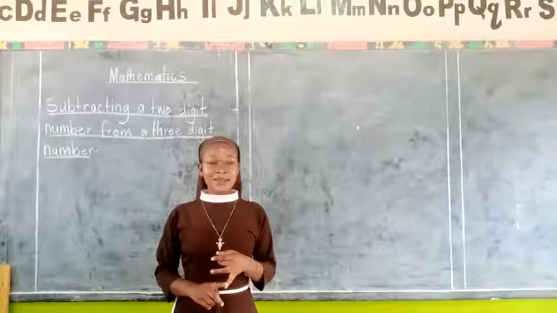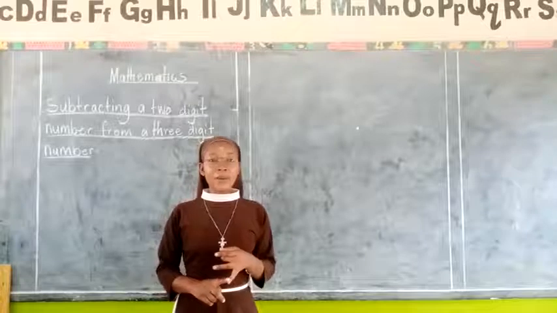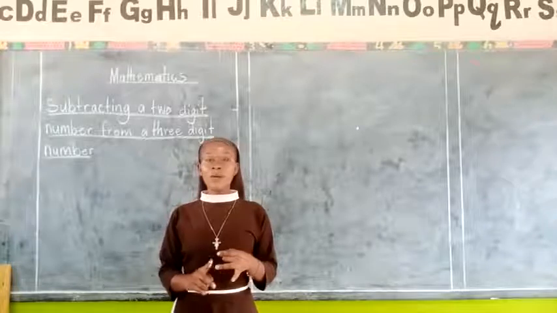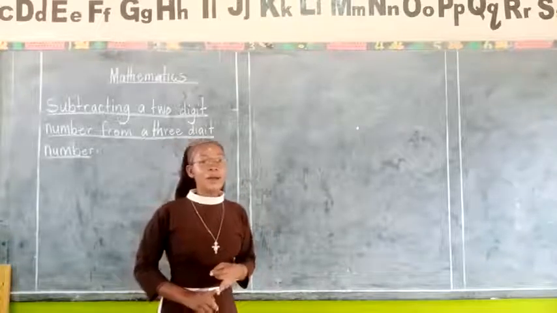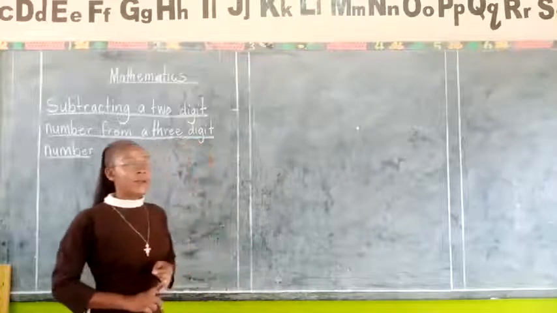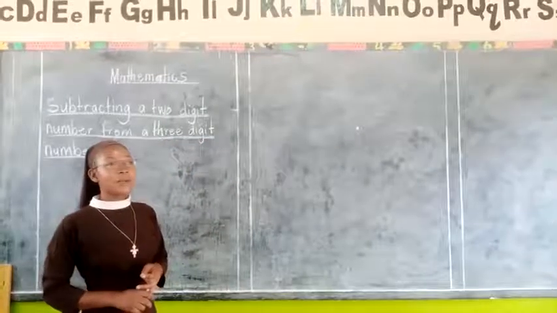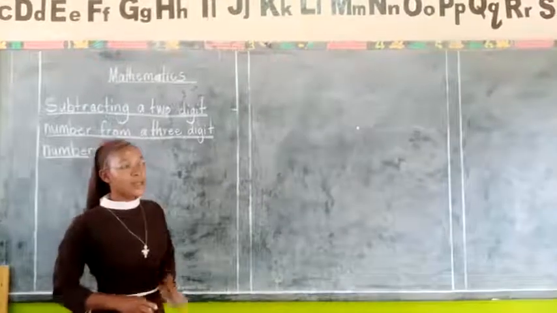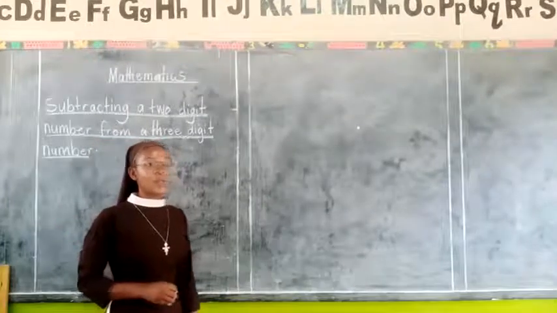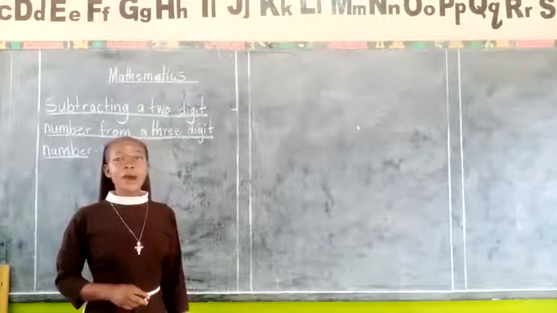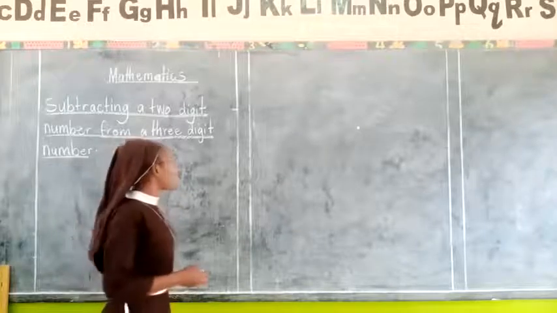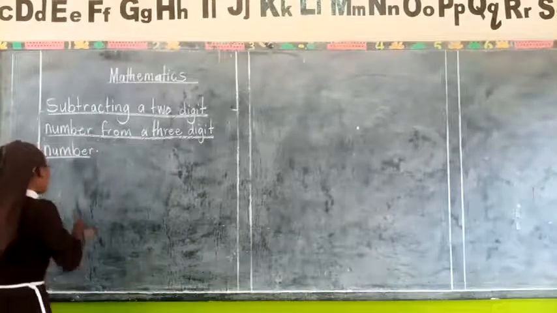It's the tens. And the third place value is the hundreds. We said letter T represents the tens and letter H represents the hundreds.